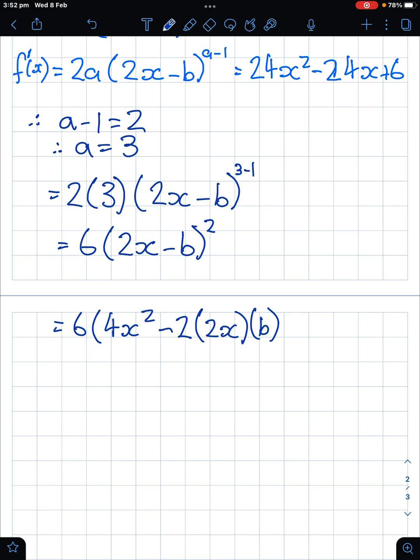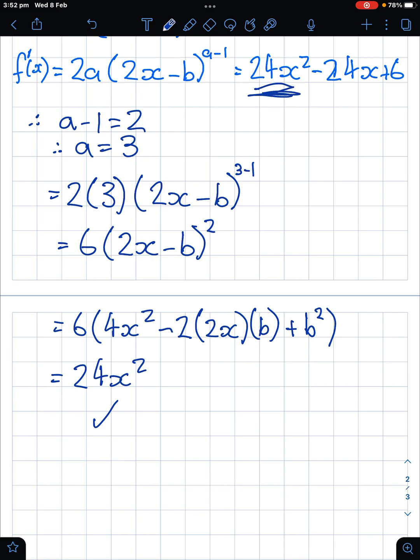I just pulled the negative out the front, and then plus b squared. I then can put the 6 in front of everything. So 6 times 4 gives me 24x squared, which is a big tick because that's what we had in our equation up the top here.